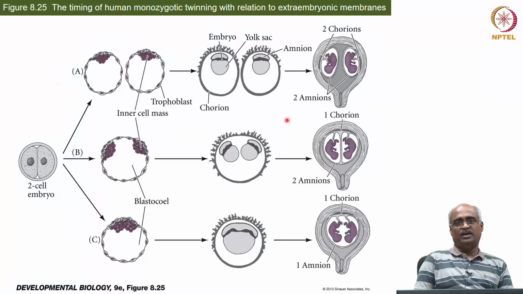Okay, so where interaction among the neighboring cells are critical. Okay, so no cell comes specified by the maternal inheritance.